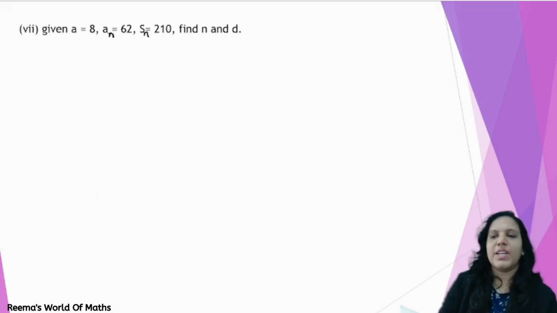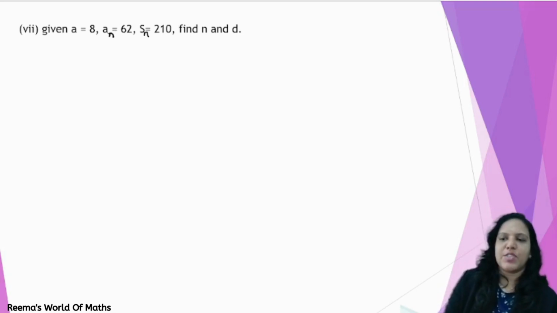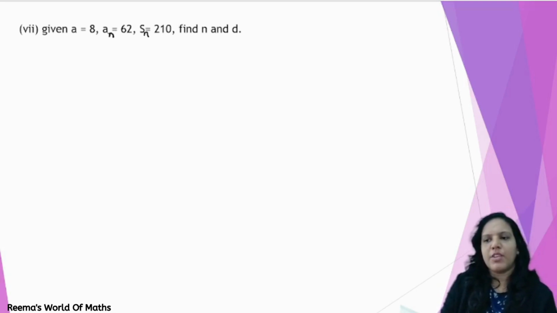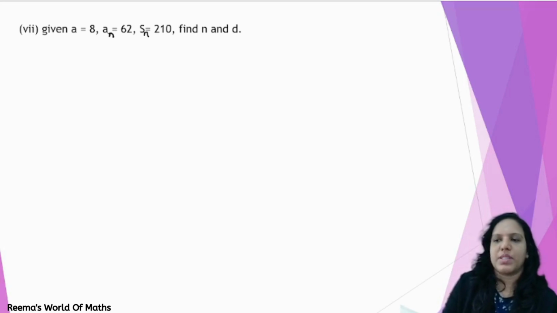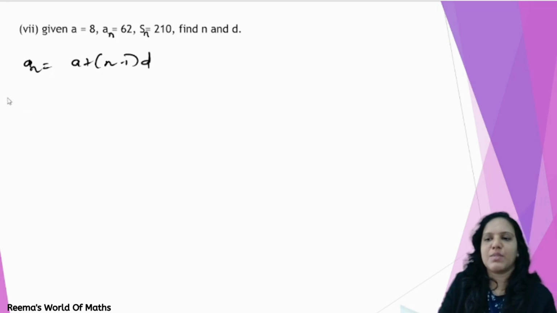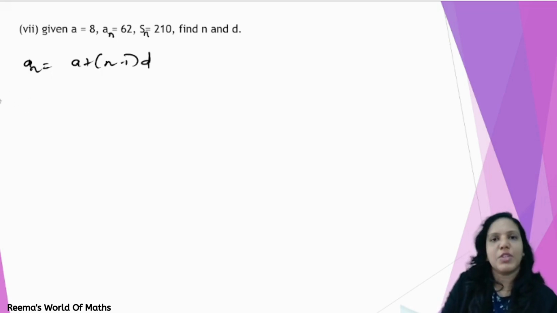Next question: given a equals 8, an equals 62, Sn equals 210, find n and the common difference d. For any nth term, we know an equals a plus n minus 1 into d. Also, since we are given the last term, we can use another formula for the sum.